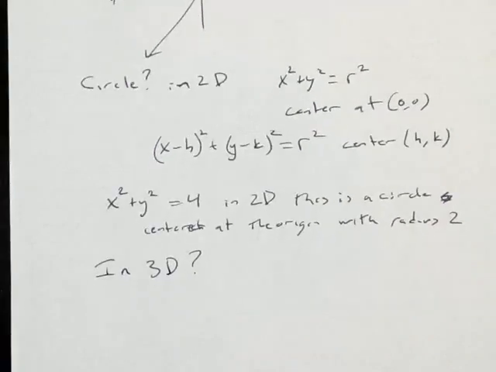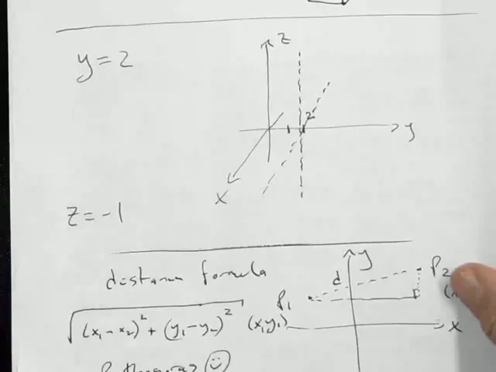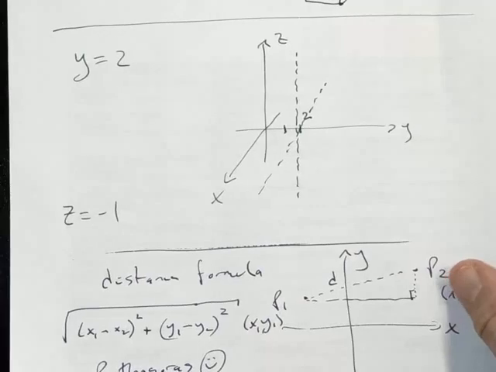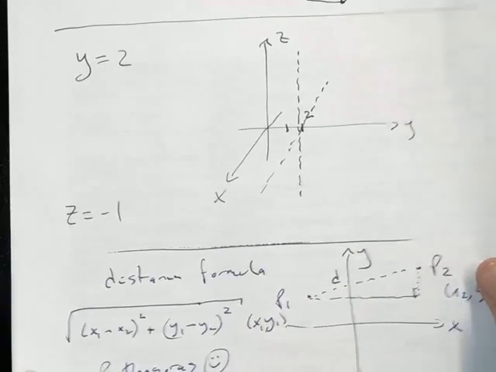What did we say was allowed to change when we moved from 2D to 3D? We thought about our line versus our plane. The circle just came to a sphere.